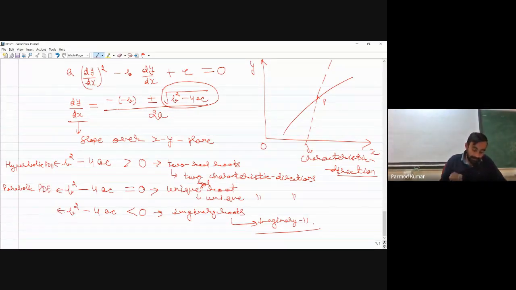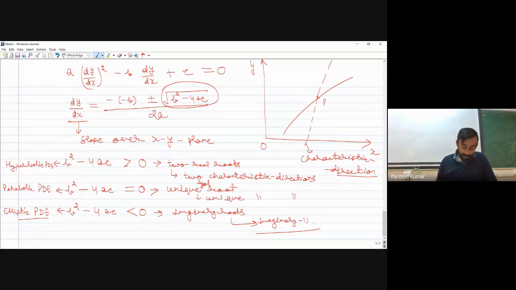And where the roots are imaginary, we call it an elliptic partial differential equation.